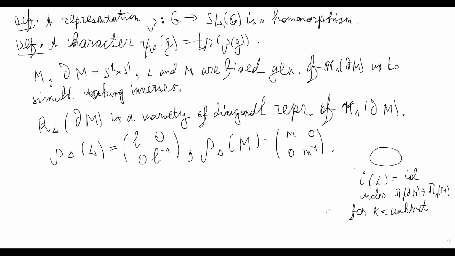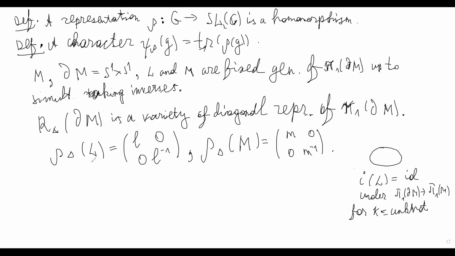And up to now we can easily describe diagonal representations of the fundamental group of the boundary, which are defined by two non-zero complex numbers, L small and M small, as written on the whiteboard.